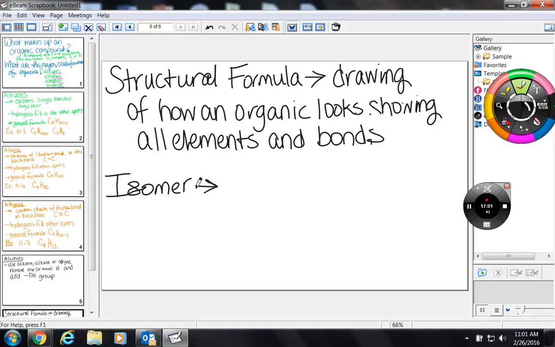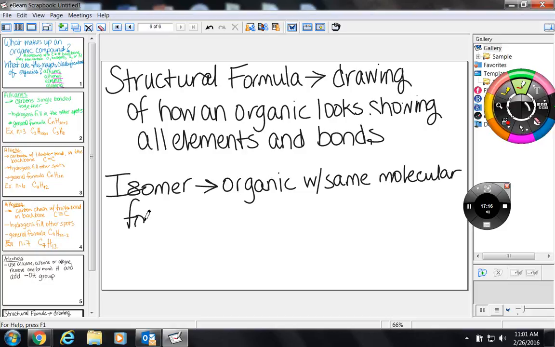An isomer is an organic with the same molecular formula but a different structural formula.